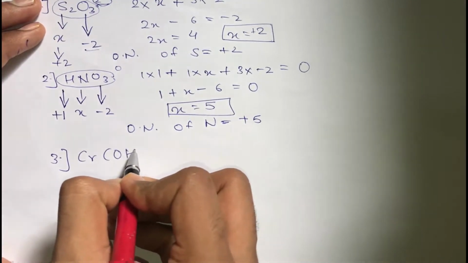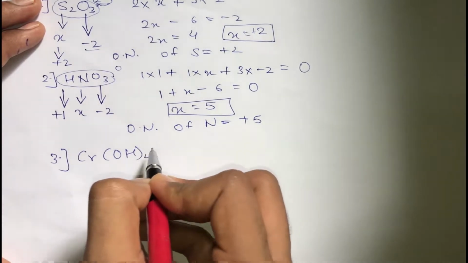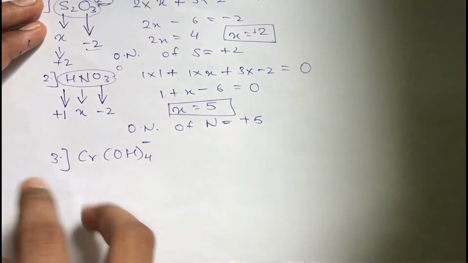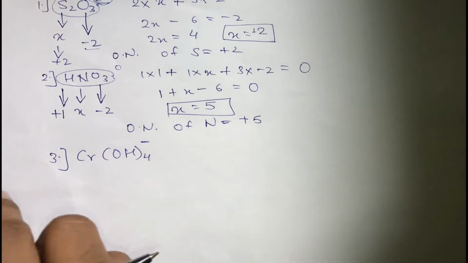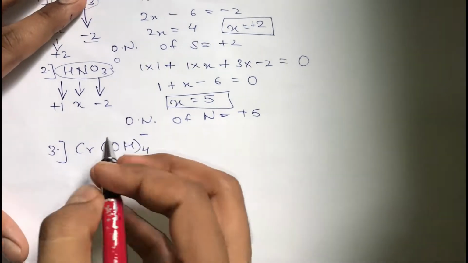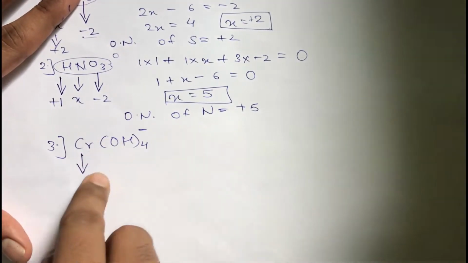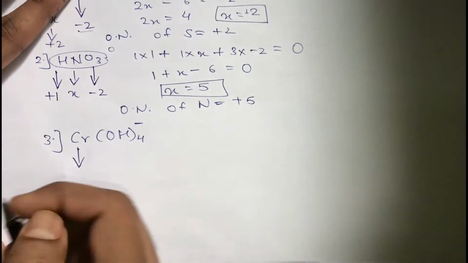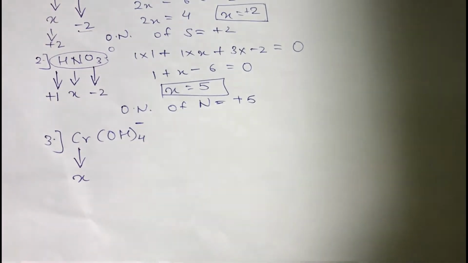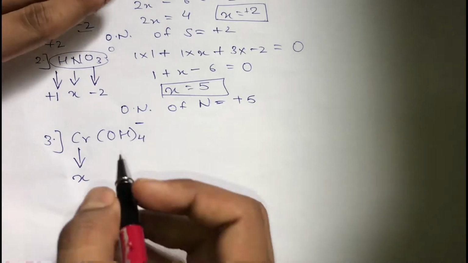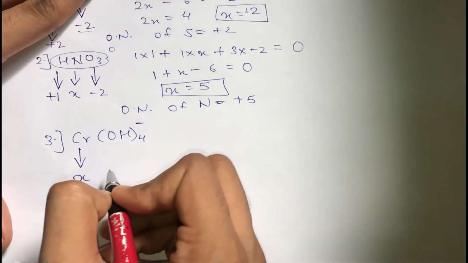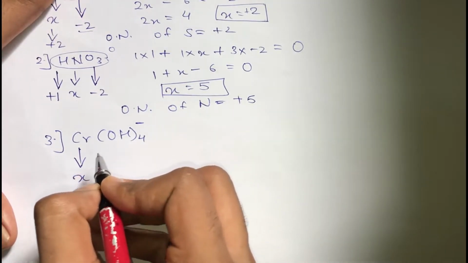Cr(OH)4 with a minus sign. This minus sign is on the total molecule. Now again, do we know the oxidation number of chromium? No. So we assume it to be X. Then do we know the oxidation number of oxygen over here?